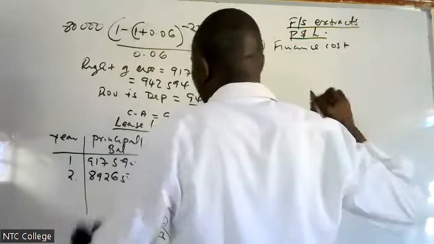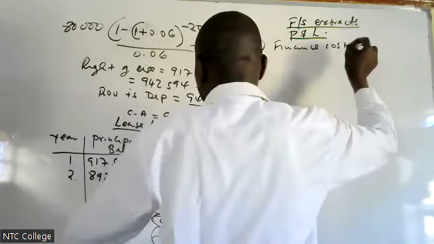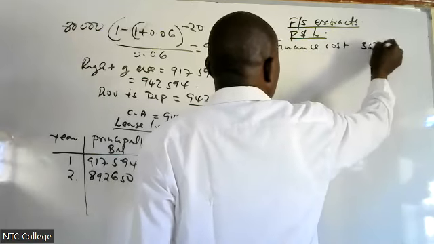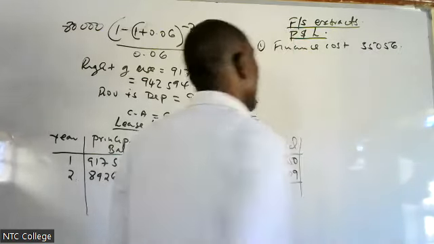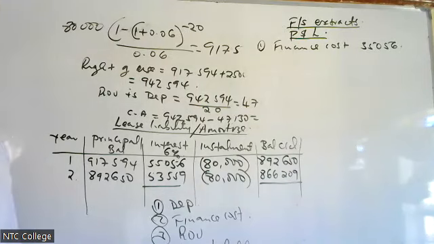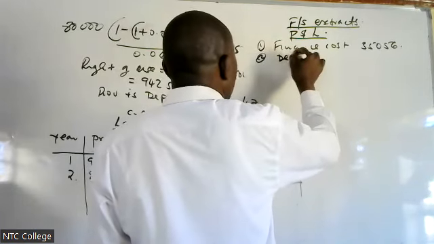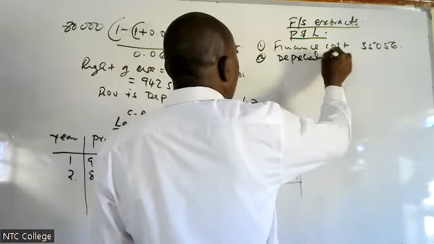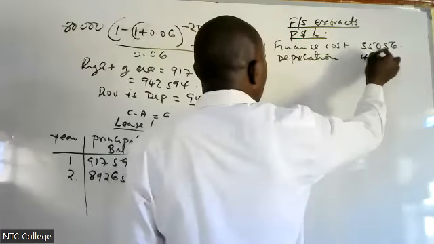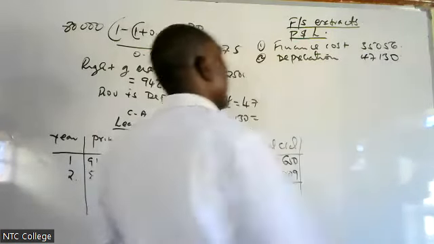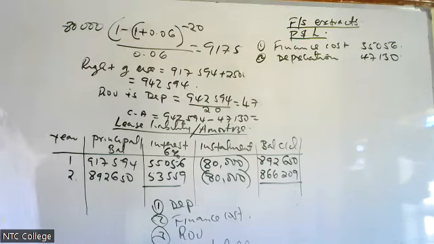Finance cost in year one is 55,056. Then number two, depreciation is 47,130. Those are the items you present in your P&L.